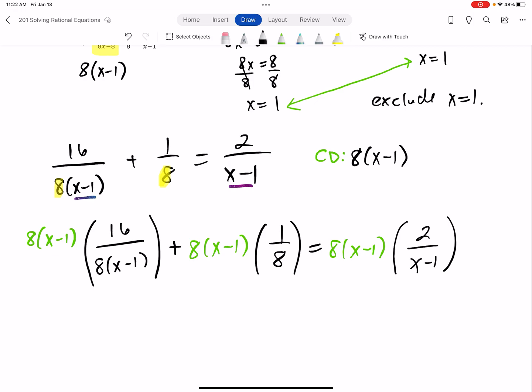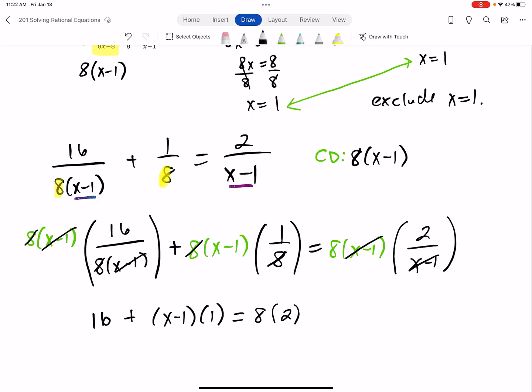What I see in the first term is that the 8 in the numerator and denominator cancel, and the x minus 1 in the numerator and denominator cancel. So I'm just left with a 16. In the second term, the 8 cancels, so I'm left with x minus 1 times 1. And in the third term, the x minus 1s cancel, and so I'm left with 8 times 2.